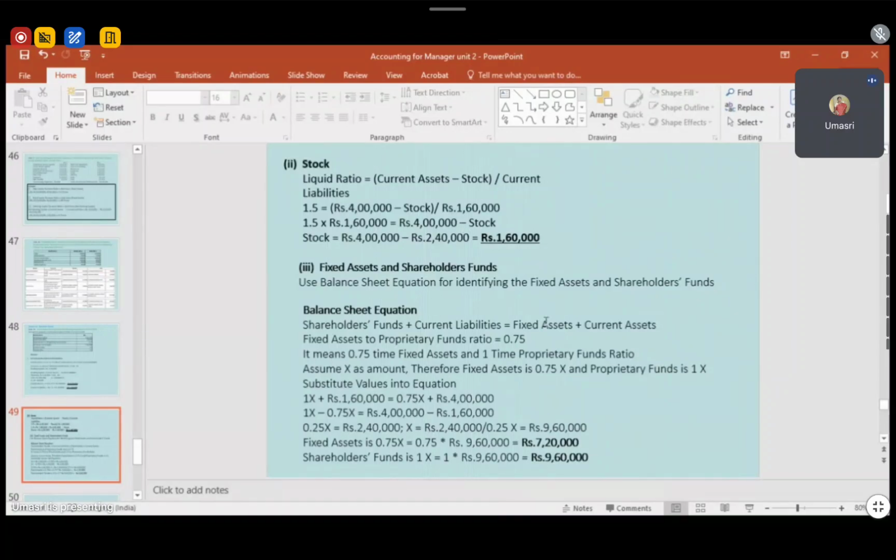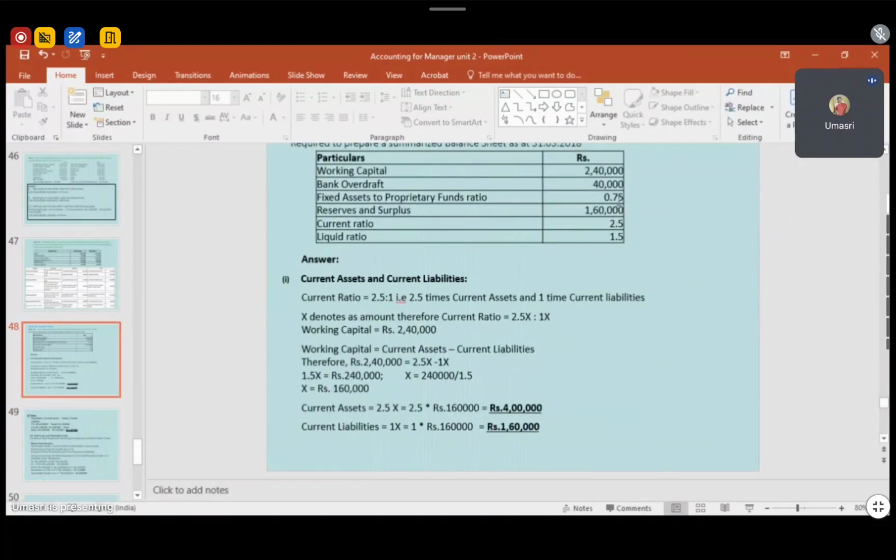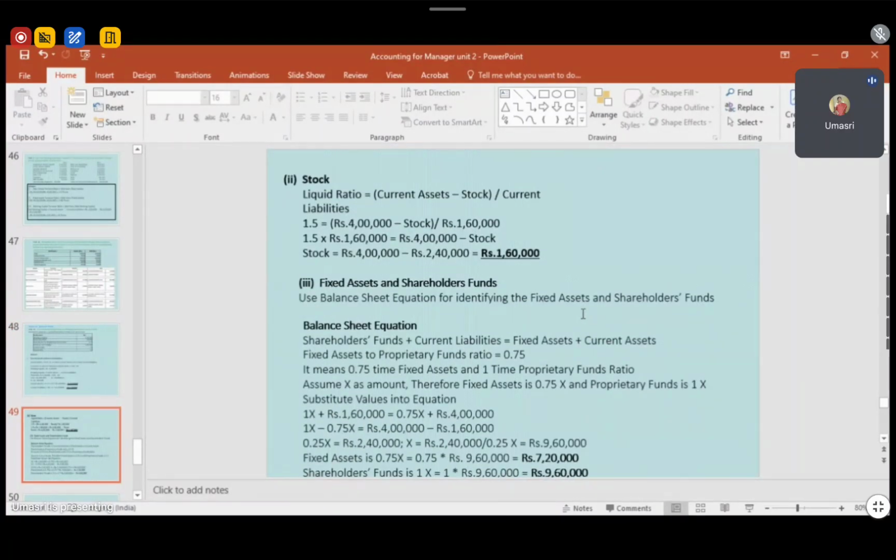This fixed asset is given as 0.75, the fixed assets to proprietary fund ratio. So fixed assets are covered 0.75 times by the proprietary fund, right? So fixed asset is 0.75x. That means if you have 1 rupee of proprietary fund, 75 paise is your fixed asset.